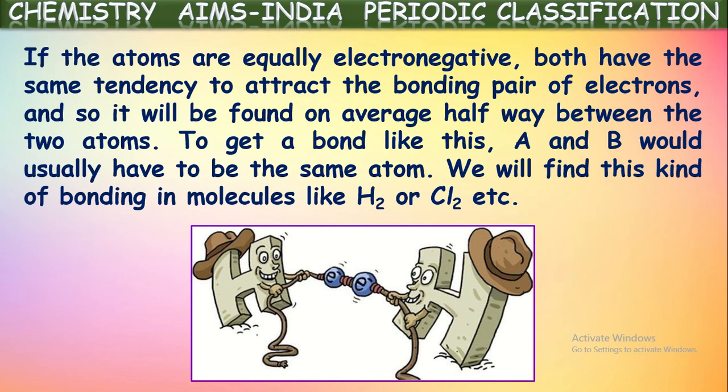Then the pair of electrons will be shared by both atoms equally. If you take the hydrogen molecule, one hydrogen gives one electron for bonding and the other hydrogen gives one more electron for bonding. In this way, they share this pair of electrons. But as both are hydrogens, both pull in opposite directions with equal force, so it is equally shared. That means the electronegativities of these two atoms are the same. Generally, in molecules where both atoms are of the same kind, the electronegativity is equal.